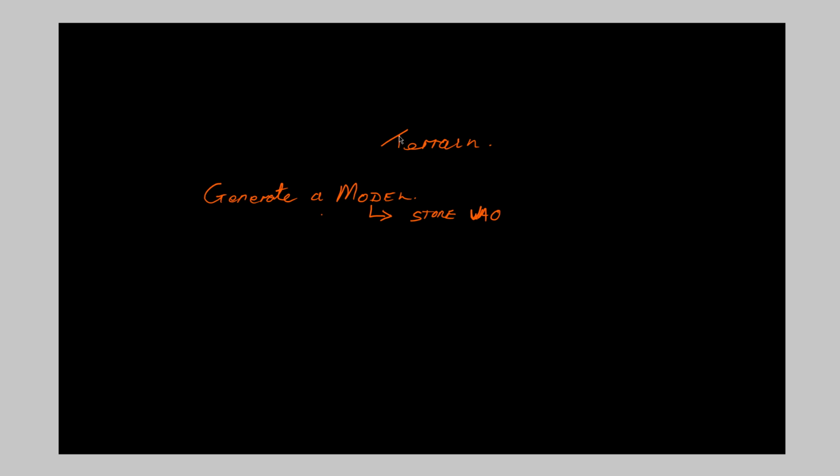That doesn't look right, does it? That does. Okay. So store the VAO, and it's going to be an index count again. So it's basically going to be exactly what we did before.